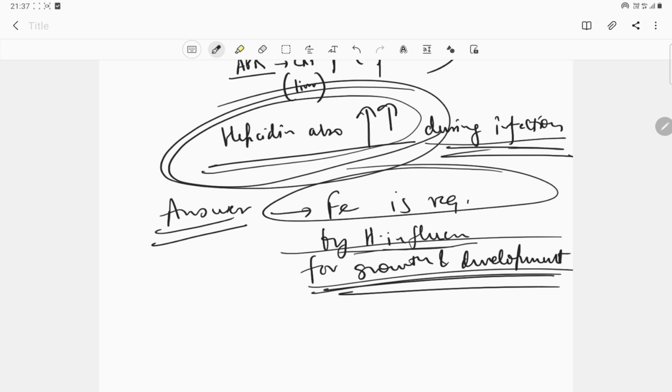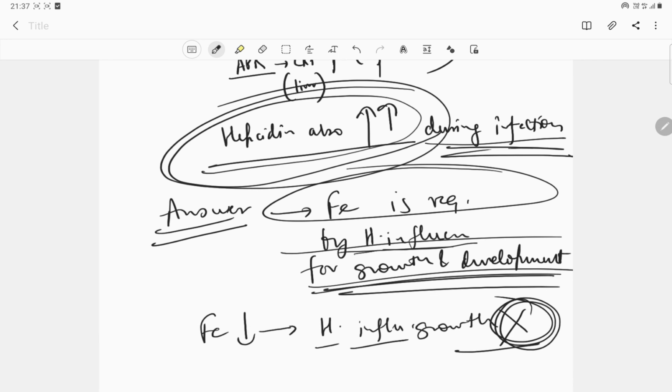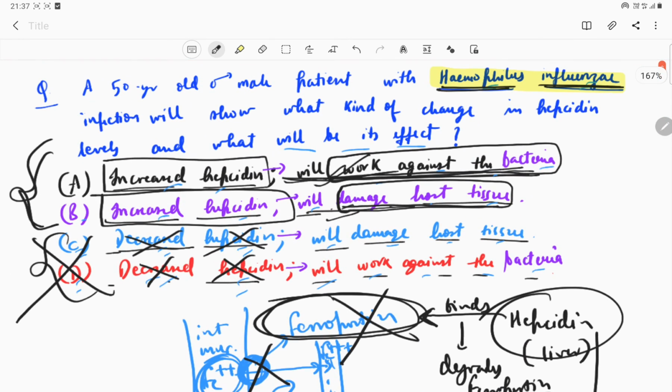Therefore, if iron decreases, Haemophilus influenzae's growth is blocked. Therefore, the answer is increased hepcidin, and this will work against the bacteria. Option A. Thank you.